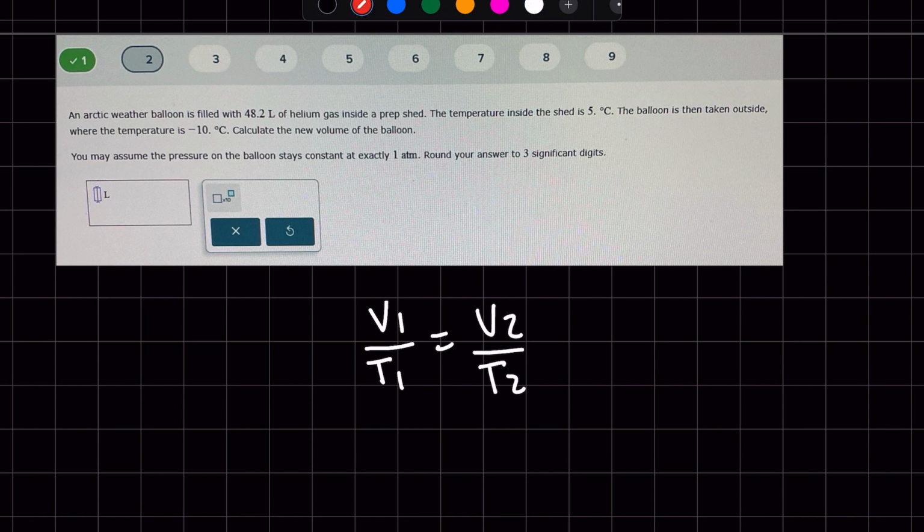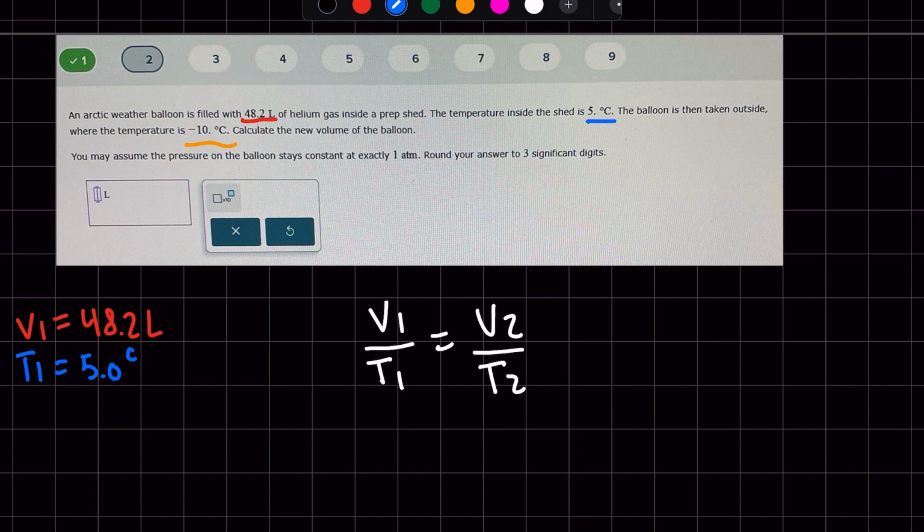So if we break down our problem, we'll have 3 different numbers: 48.2, 5 degrees Celsius, and negative 10 degrees Celsius. Our V1, which is our initial volume, is going to be 48.2 liters. And then our T1, which is our initial temperature, is equal to 5 degrees Celsius.